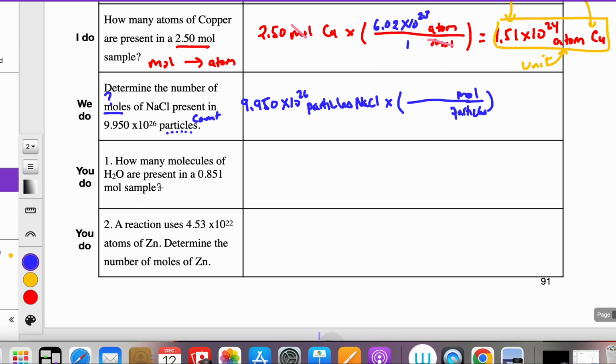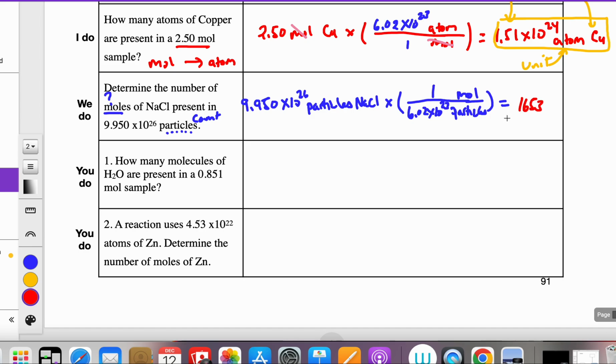So my relationship is 1 mole contains 6.02 times 10 to the 23 particles. So when I put this into the calculator, 9.950 times 10 to the 26 times 1 divided by Avogadro's number, 6.02 times 10 to the 23, what I end up with is 1,653.